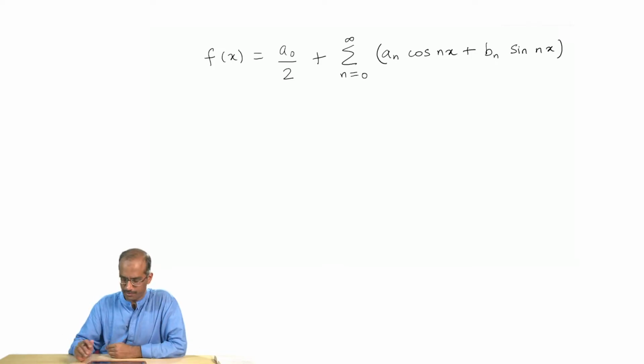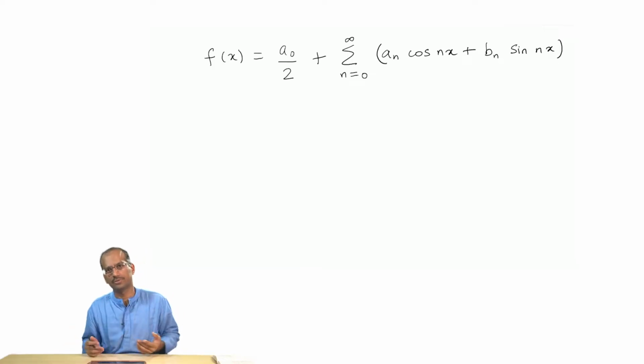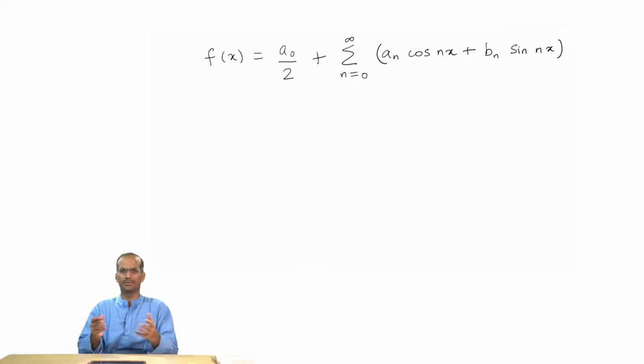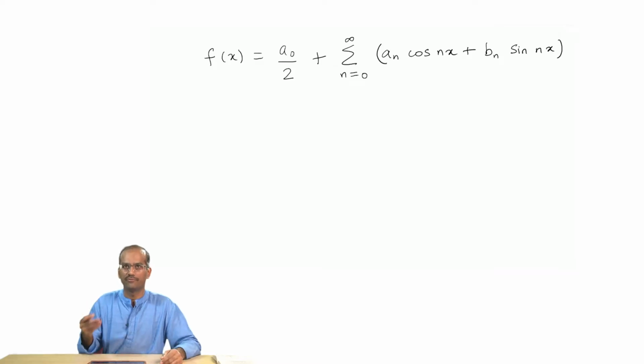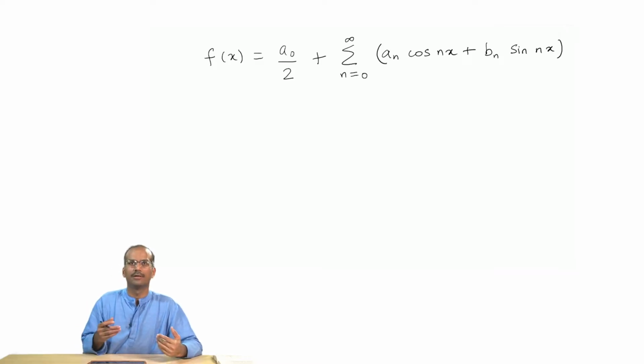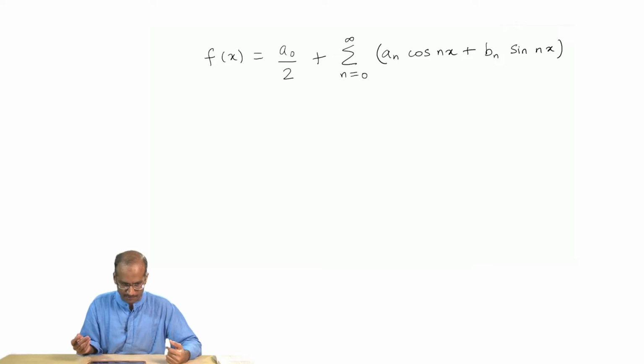So, in general, if your function f of x is sufficiently smooth in the sense that it has only a finite number of finite discontinuities, in all such cases the summation in the right hand side is known to converge. So, I am going to state this without actually showing you the proof. It is written in such a way that we can identify the discrete frequencies involved in making of this function f of x.